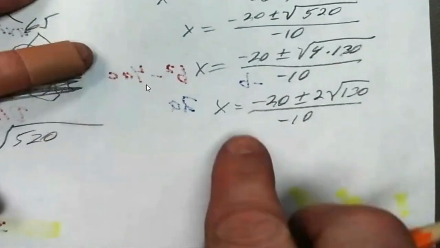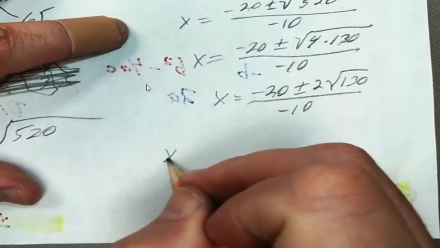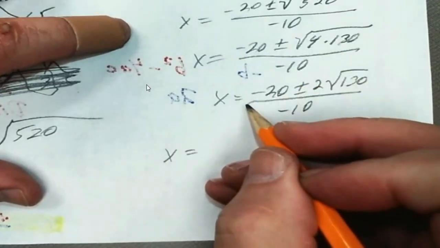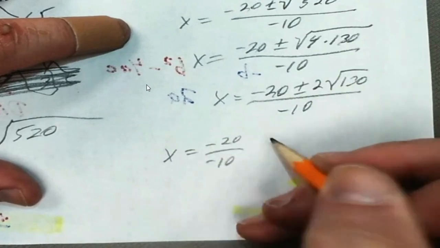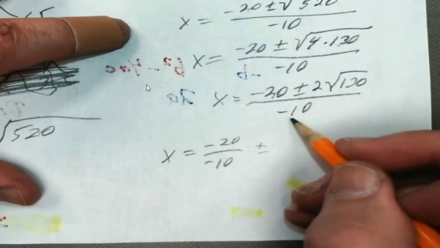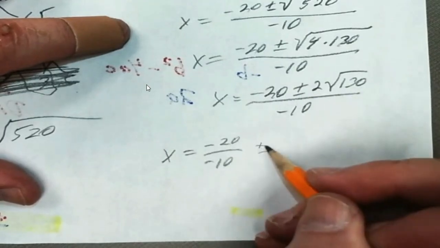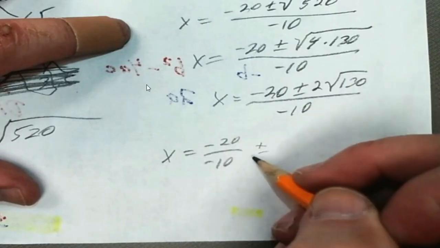So again, to simplify this, we can write this as two different fractions. x equals negative 20 over negative 10 plus or minus, since this is a minus, we can just leave it as plus or minus because either way, plus over minus will be minus, and minus over minus will be plus.